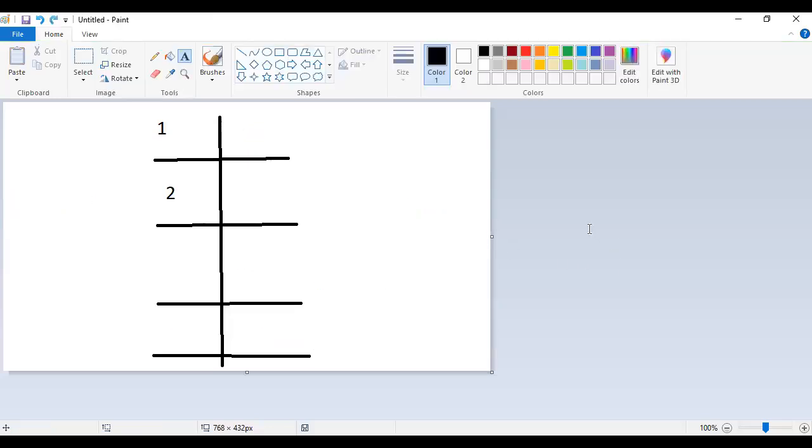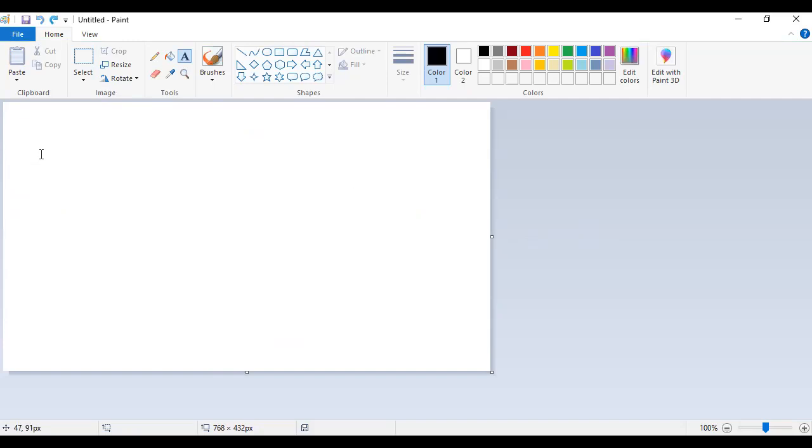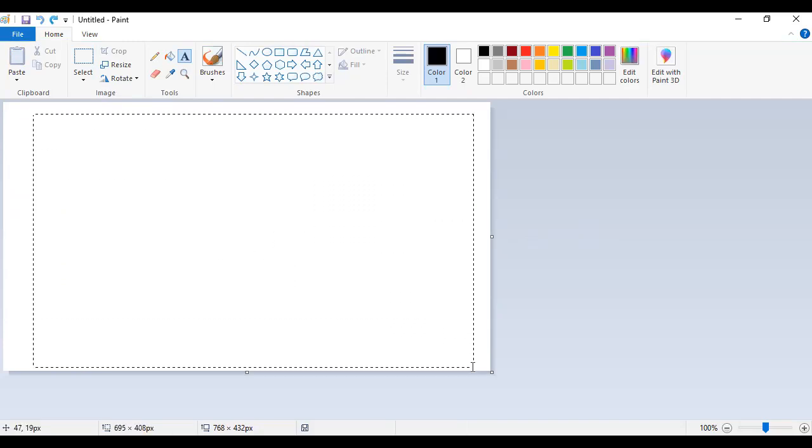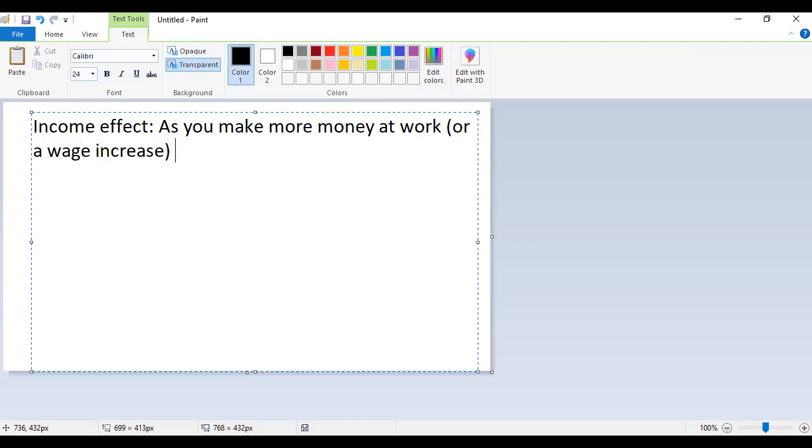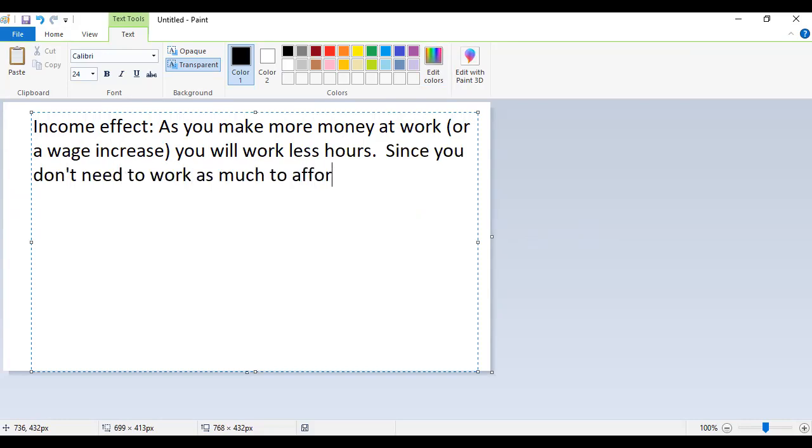And let's do just that. Income effect. The income effect basically states that as you make more money at work, you will work fewer hours since you don't need to work as much to afford your lifestyle.